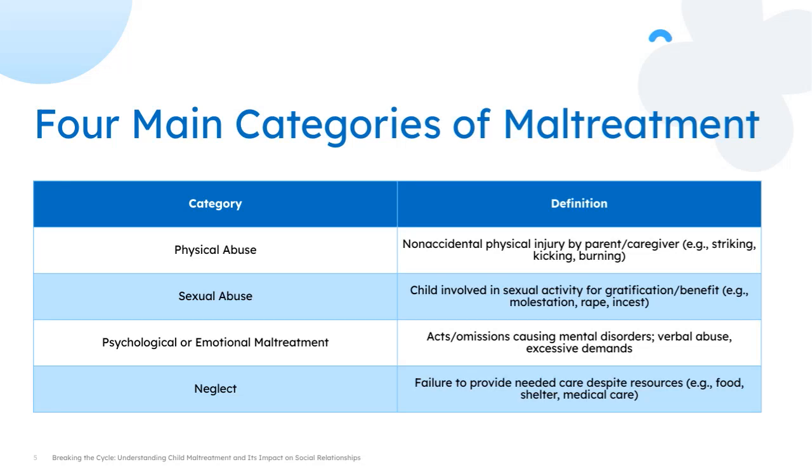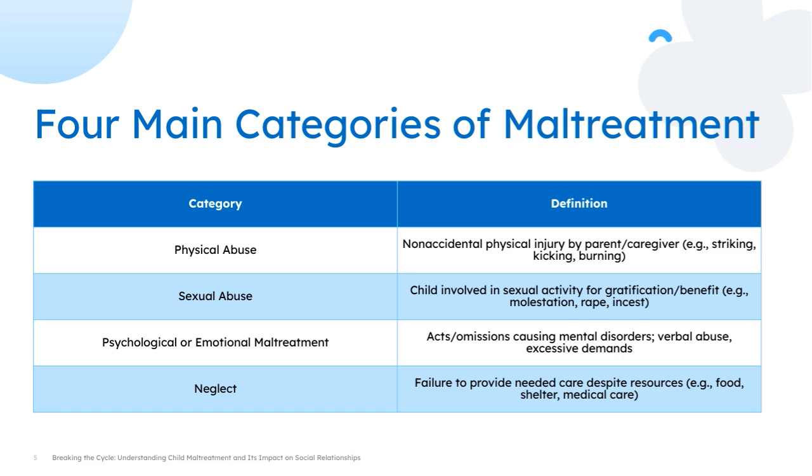On this slide, we see the four main categories of child maltreatment, each with its own distinct characteristics. First, physical abuse involves any non-accidental physical injury caused by a parent or caregiver, such as striking, kicking, or burning. Then, sexual abuse includes situations where a child is involved in sexual activities for the gratification or benefit of another, such as molestation or incest.